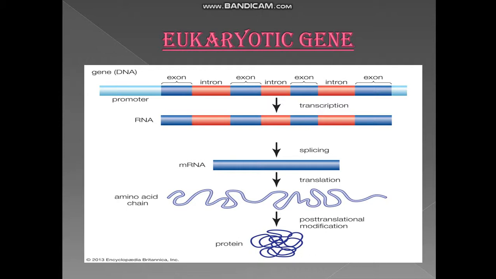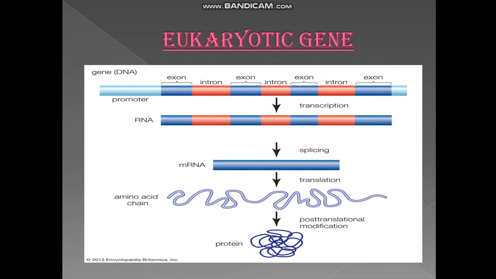If the gene is a prokaryotic one, then an uninterrupted coding region will be present. But if they are asking about the eukaryotic gene, make sure that you draw exons and introns in an alternate manner and just shade them using a pencil, because you will be drawing the diagrams using a pencil. You need not use different colors, just shade it so that the examiner can understand what you are depicting, and labeling is a must.